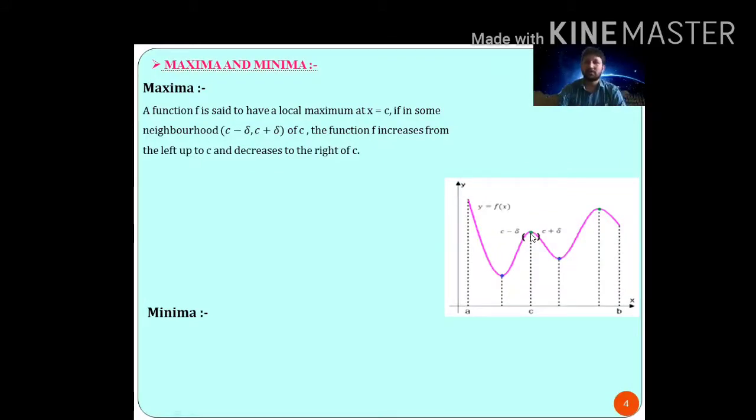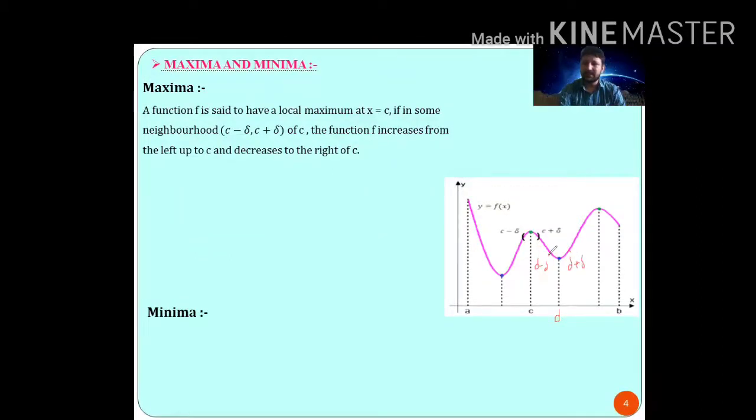Same thing next for minima. Suppose this point is taken as D. Its neighborhood is D minus delta and D plus delta. Observe in the figure, I have taken the point as D, so the delta neighborhood is taken again: left hand side D minus delta, and right hand side D plus delta.